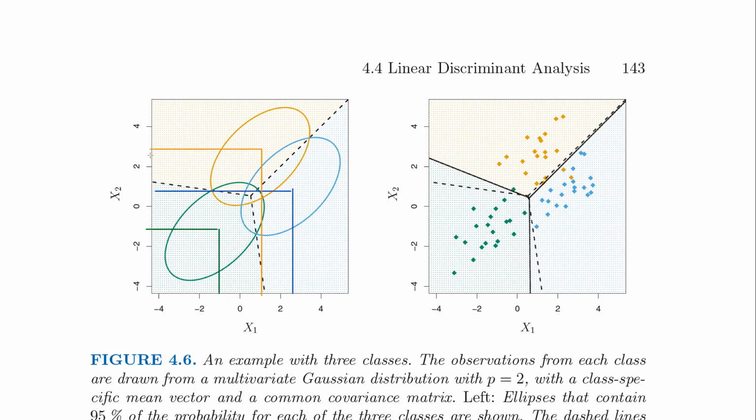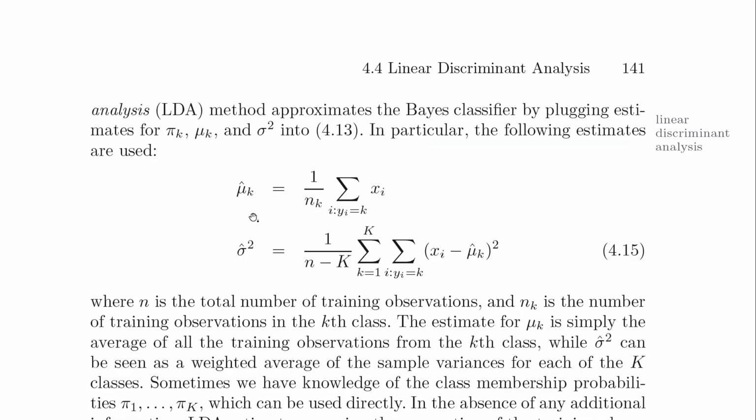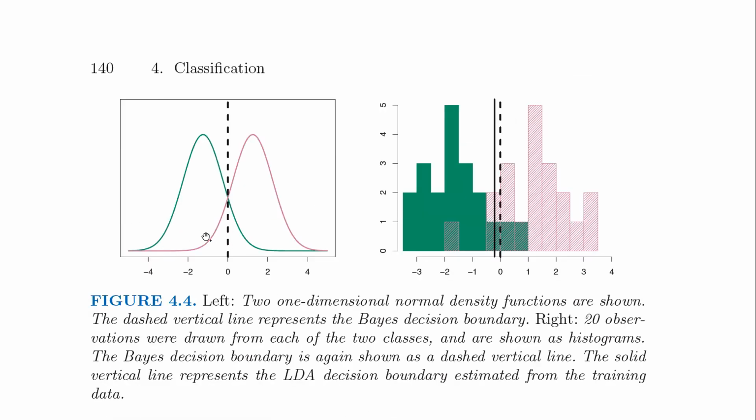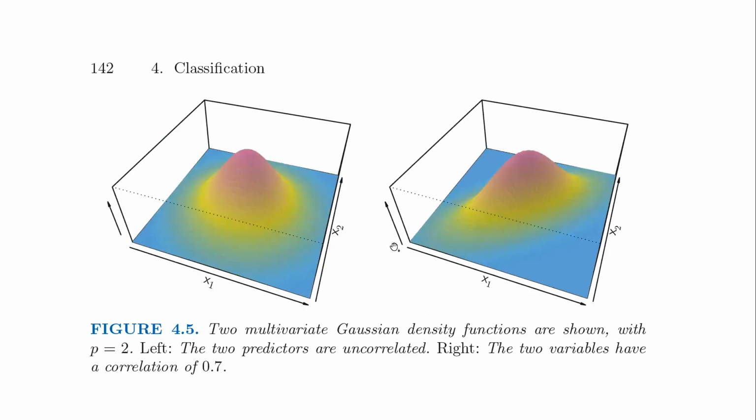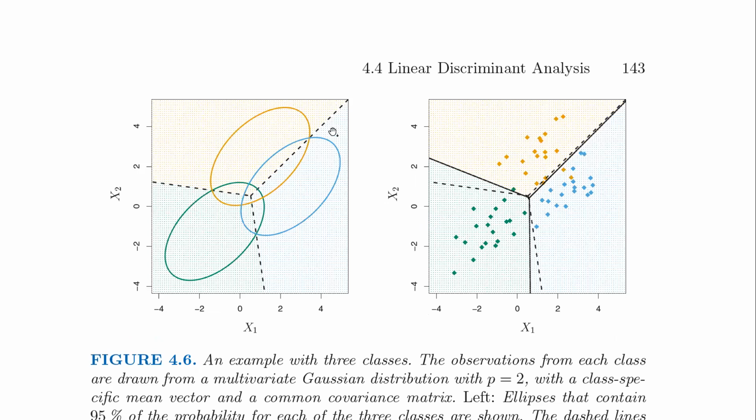So they have different means. But it's the same ellipse, it's just translated. Similar to this over here, it's the same curve but translated. So different means, but everything else is the same. And that's what's happening over here.